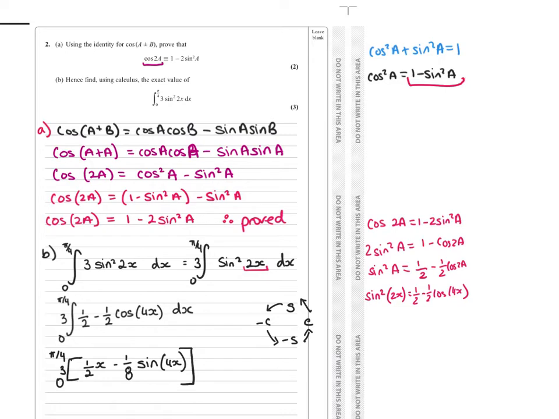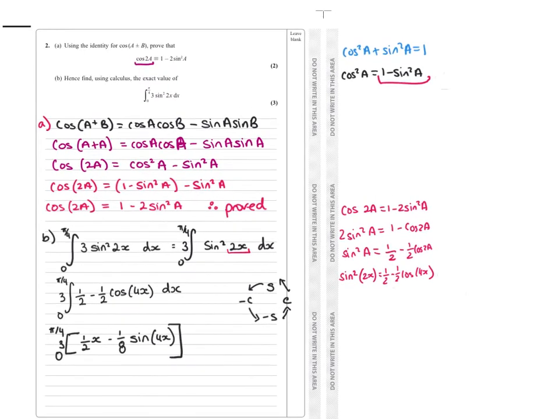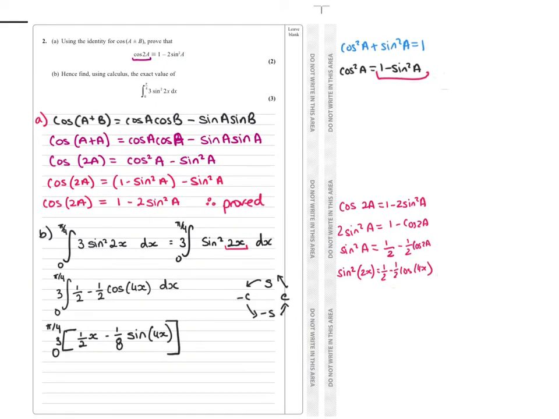Now, what we're going to do is put in the values of pi over 4, and put in the values of 0 and take it away from each other. I'm going to multiply everything by 3 as well.